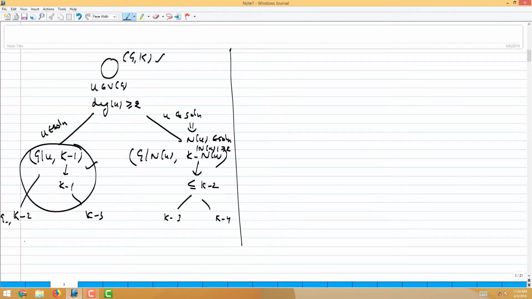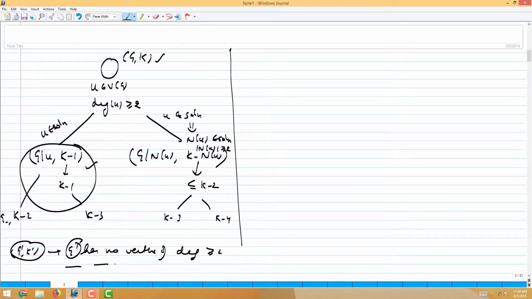Suppose I keep on branching, and at one point I'm at an instance (G', k'), and G' has no vertex of degree at least 2. That means every vertex has degree 1, and G' is nothing but a collection of isolated edges. Now in this graph, instead of branching, I can just solve the problem in polynomial time.